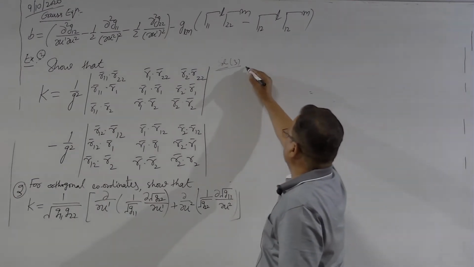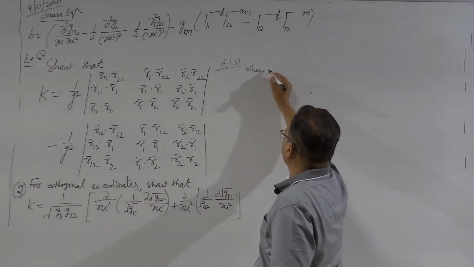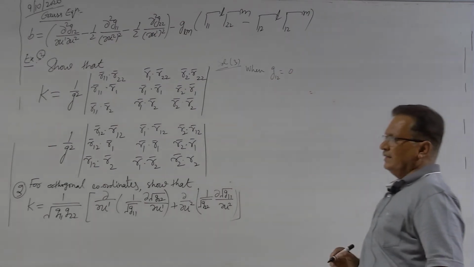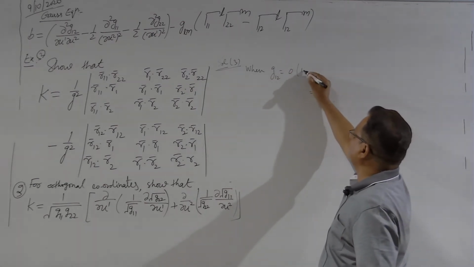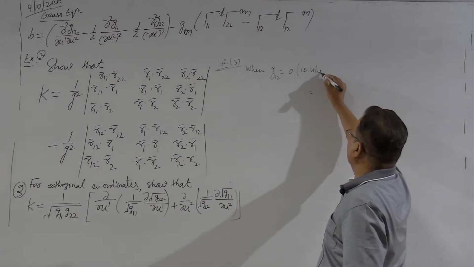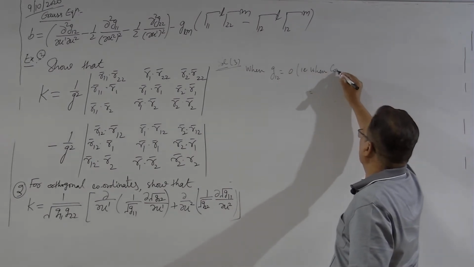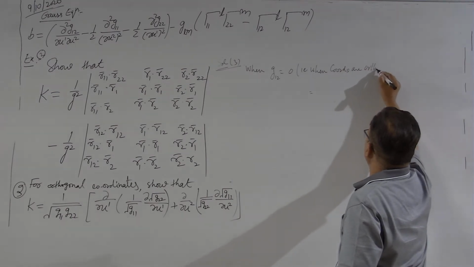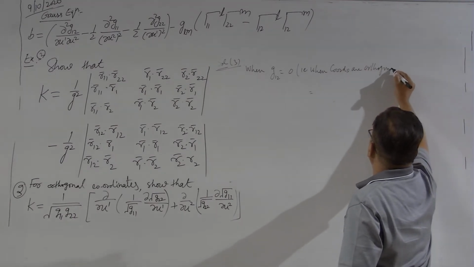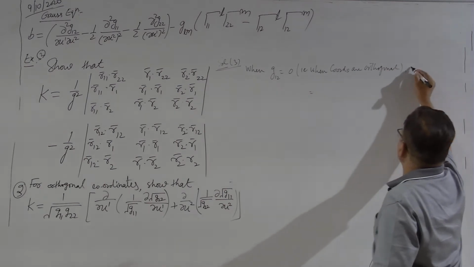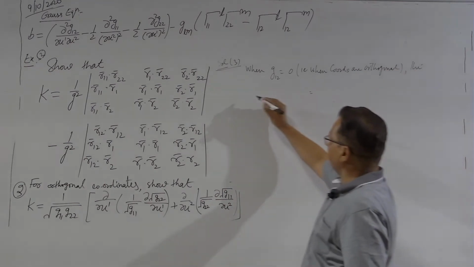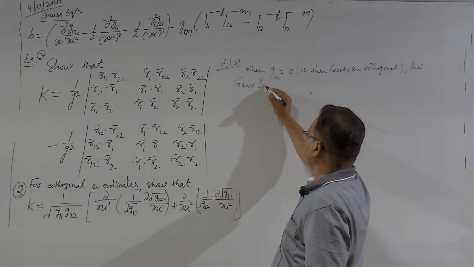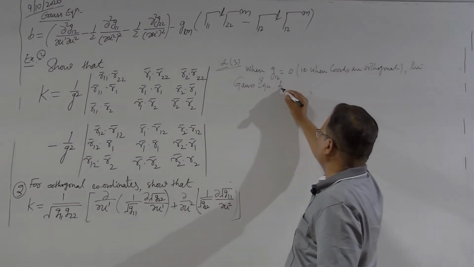When G12 is 0, that is when coordinates are orthogonal, the Gauss equation takes the following form.